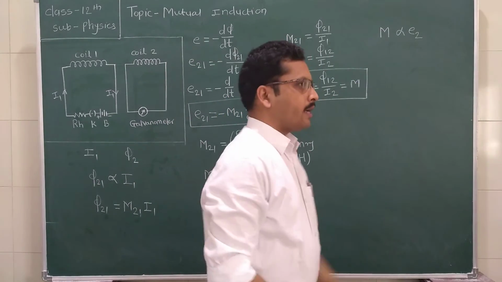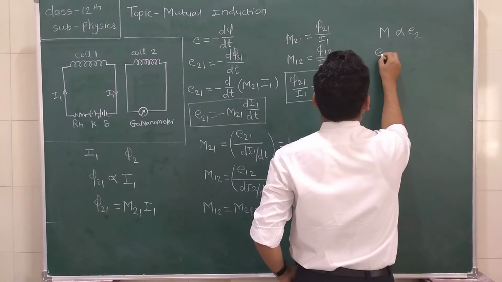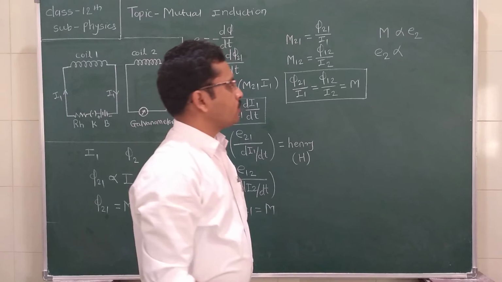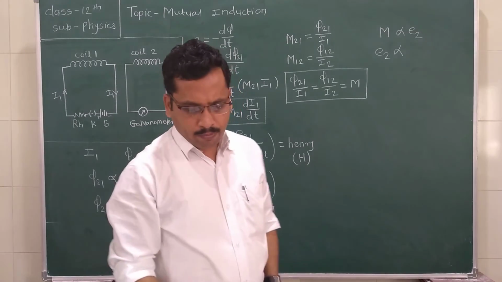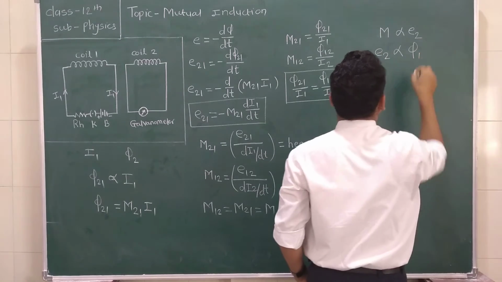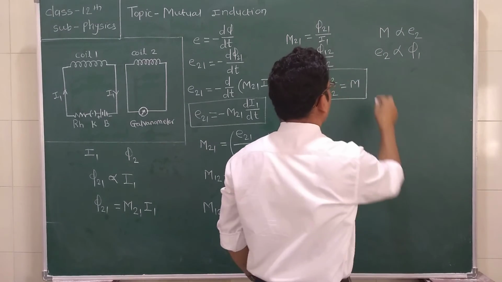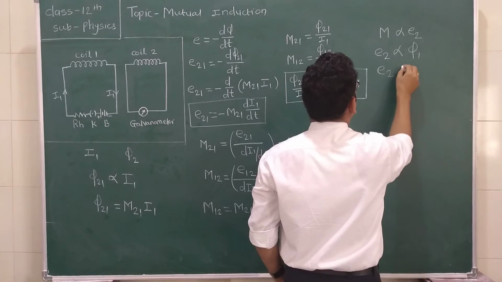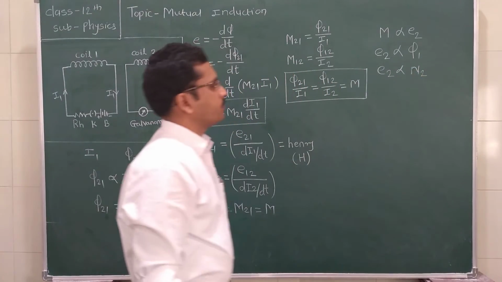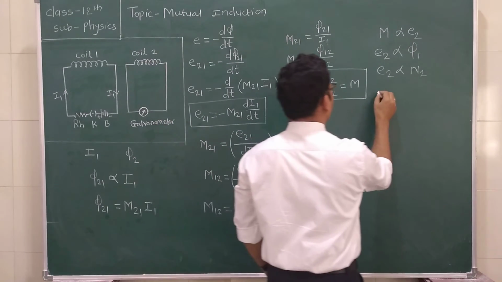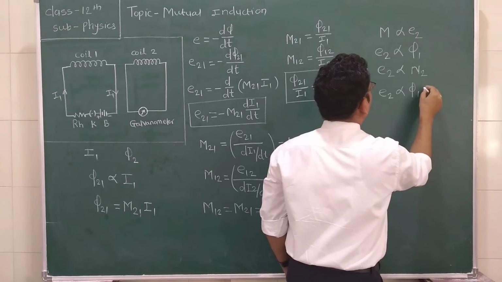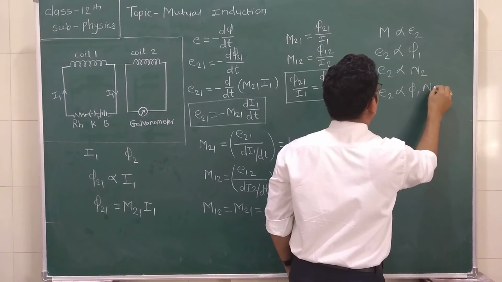Now we know that this E2 is proportional to the magnetic flux associated with the first coil, as well as proportional to the number of turns in the second coil. So E2 is proportional to phi 1 into N2.